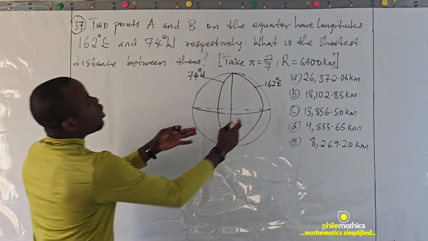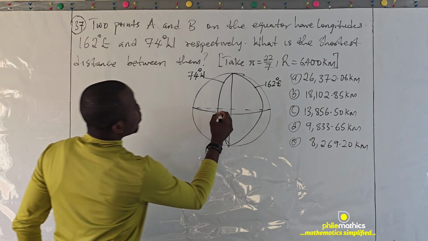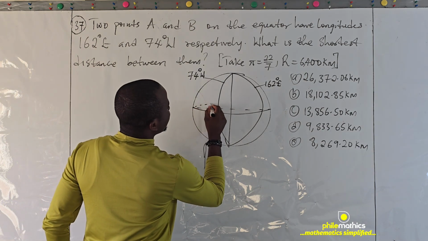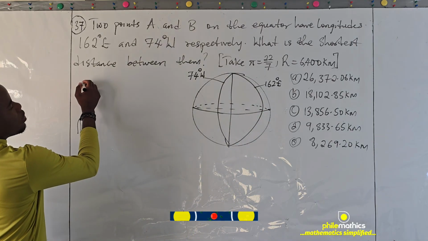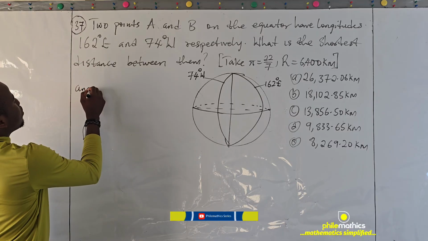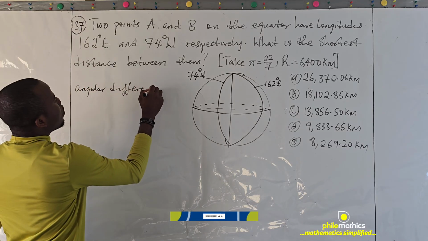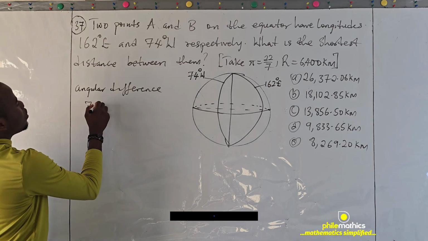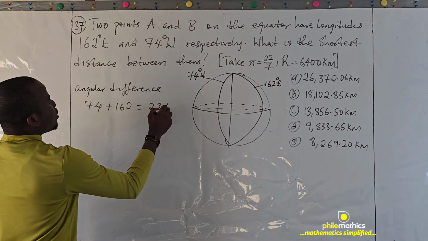Now, since they are on opposite sides, that is east and west, the angular difference is 74 plus 162, which is 236.